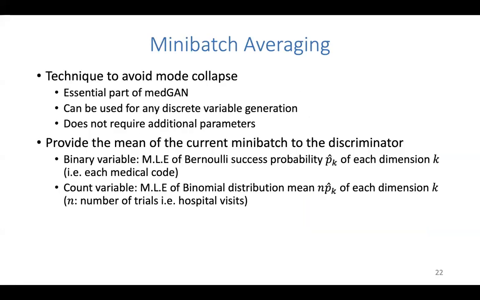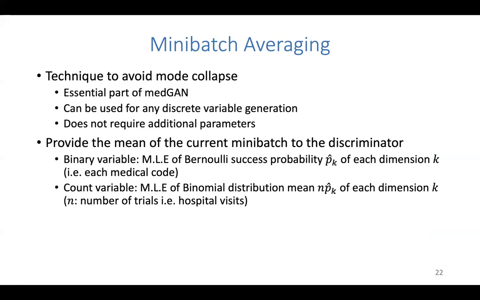Right, given that architecture, we need to talk about the mini-batch averaging first. It is extremely easy for a GAN, or for the generator, to fall into something called mode collapse, which I hope everybody is already familiar with.